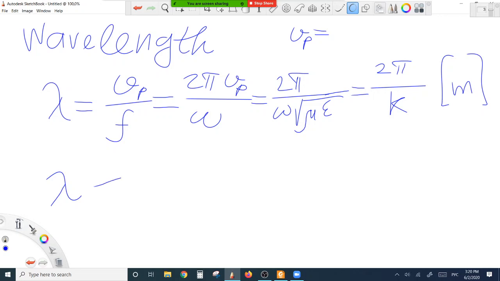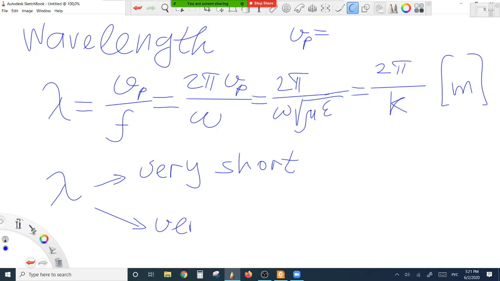It can be very short, for example, light, X-rays, or infrared radiation, which also have very short wavelengths.